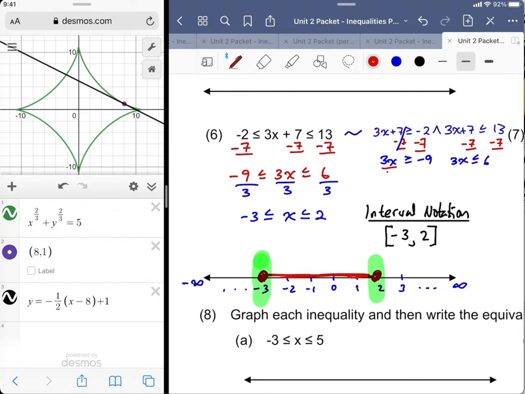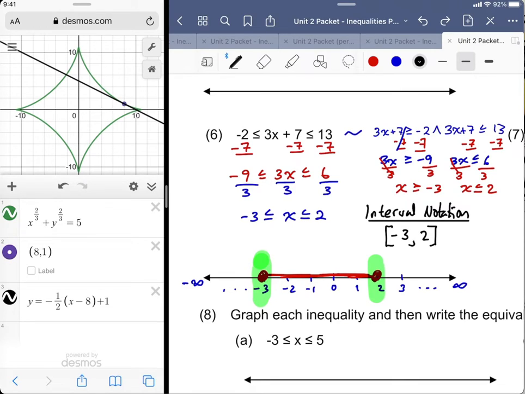Divide by the 3 in all cases. You would not have to do it both ways, obviously. One way or the other. But sometimes an AND could be presented to you in this form, so we need to know how to piece it together to get the appropriate answer.